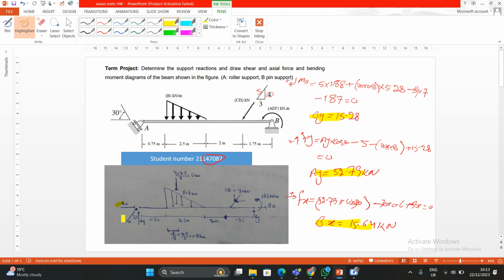So it becomes the same thing for x. If I draw here as well, Ax will become 52.79 multiplied by sine of 30.